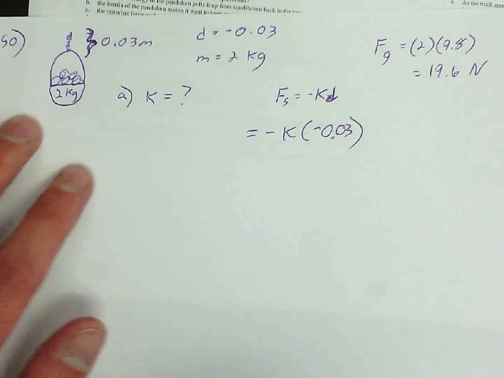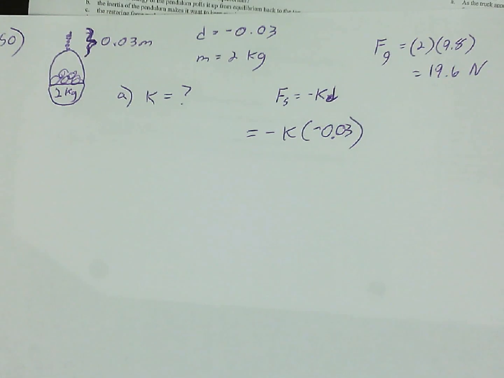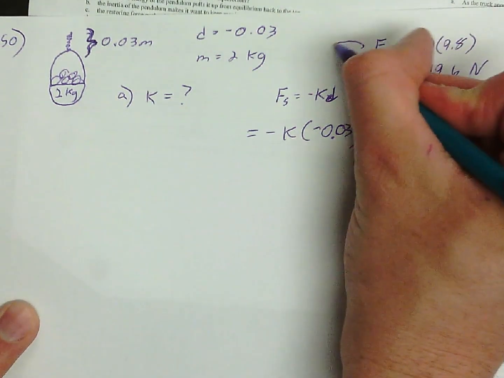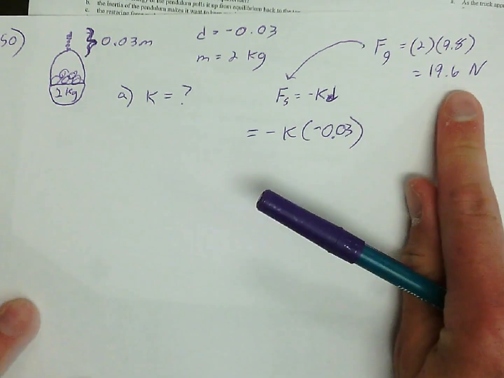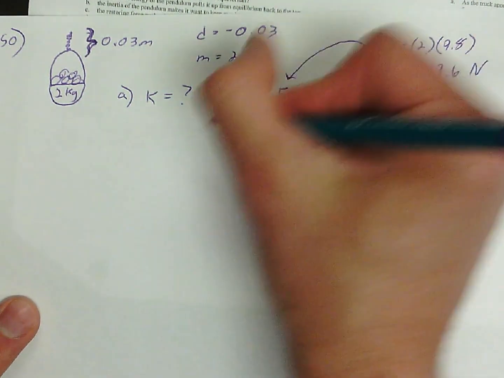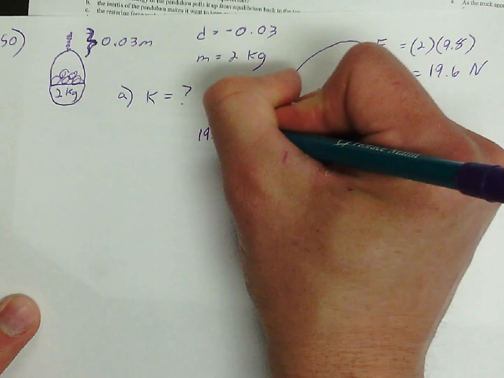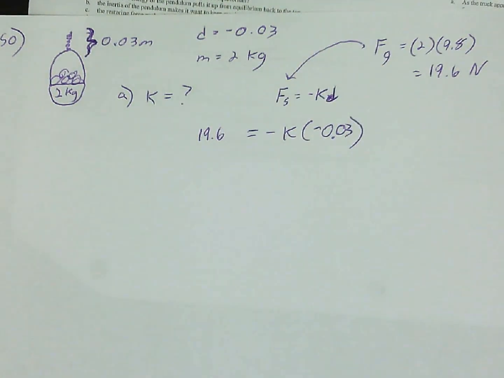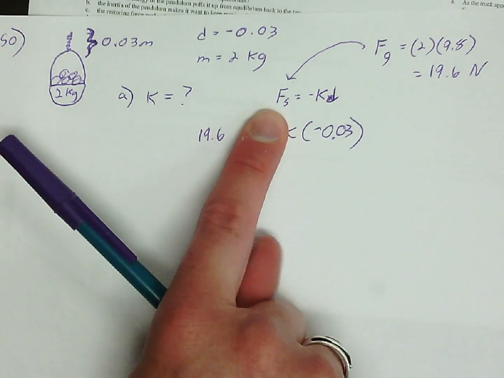So why does the force of gravity matter? Well, the force of gravity matters because that is what the spring's force is. The spring applies as much force as gravity pulls down. So this force here, the spring force, is the force of gravity. So if the force of gravity is 19.6, then the spring force is 19.6. Notice I didn't put a negative there because it's not really gravity, it's really the spring that I'm worried about.